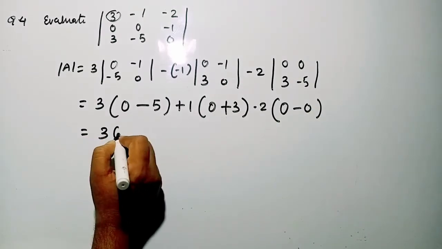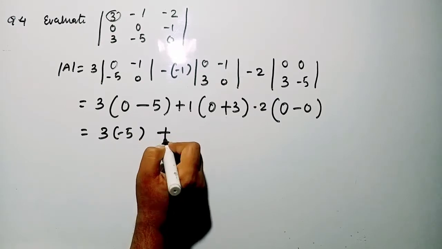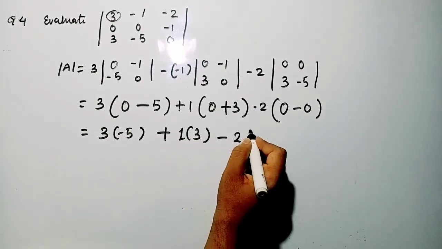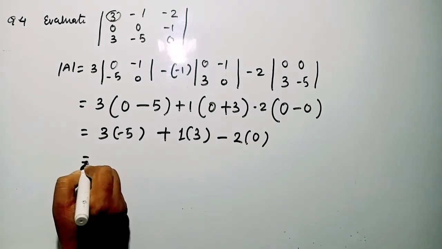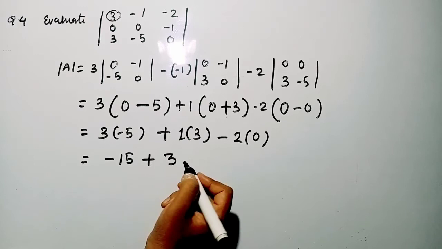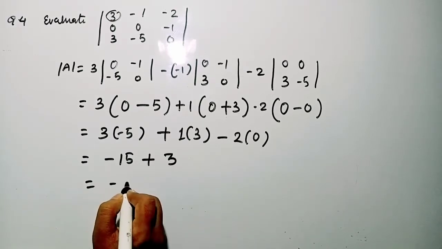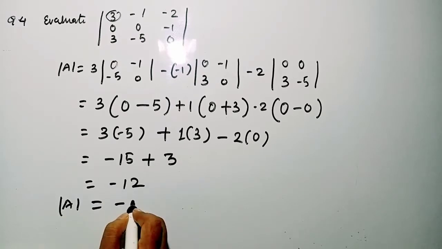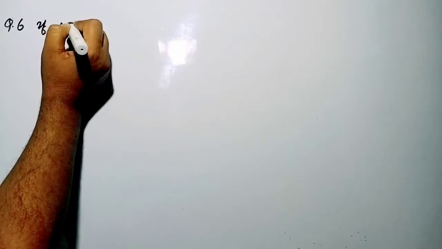So we are getting 3 into minus 5 plus 1 into 3 minus 2 into 0, right? So we are getting minus 15 plus 3, minus 12. So modulus of A is minus 12. Okay students, in this way you can expand a determinant of order 3 by 3.